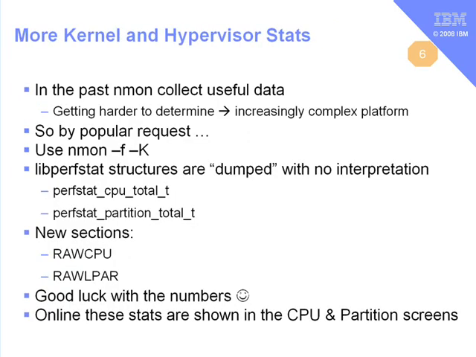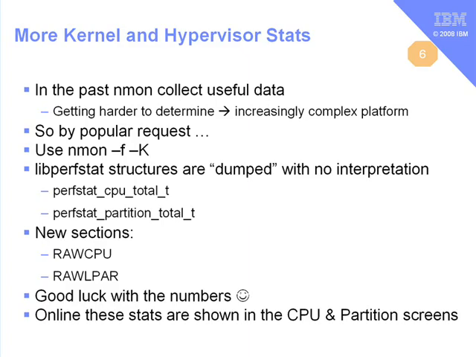Number 6 is, again, by popular demand. There's some extra data out of the libperfstat library that has all sorts of numbers in there, and in the past for nmon we tend to pick out the numbers that are actually useful to help you tune and monitor your machine to understand what's going on.